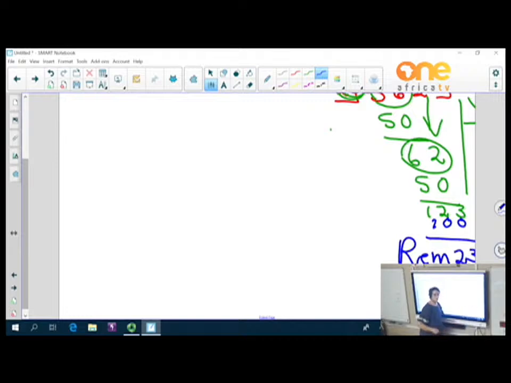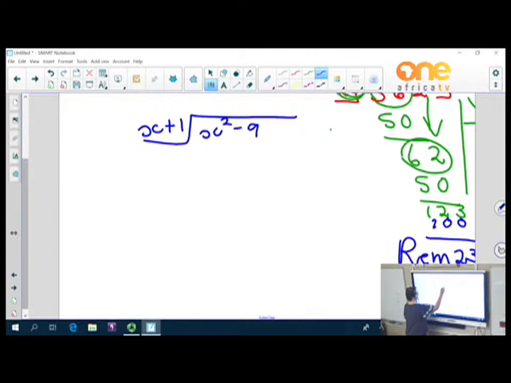And now with algebra, we are going to do exactly that same thing with long division. So the example that I want to show you now is x plus 1, and I'm going to divide this into x squared minus 9x minus 10. Long division.